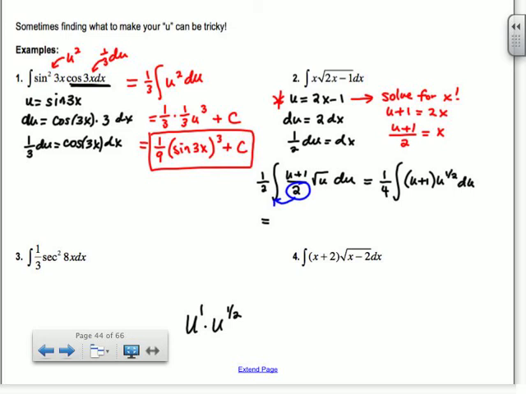So let's try that. If I have u equals sine of 3x, I want to know if my du is in the problem. The derivative of sine of 3x is cosine of 3x times 3 dx, which we have, cosine of 3x dx. That 3, I'm just going to have 1/3 du.